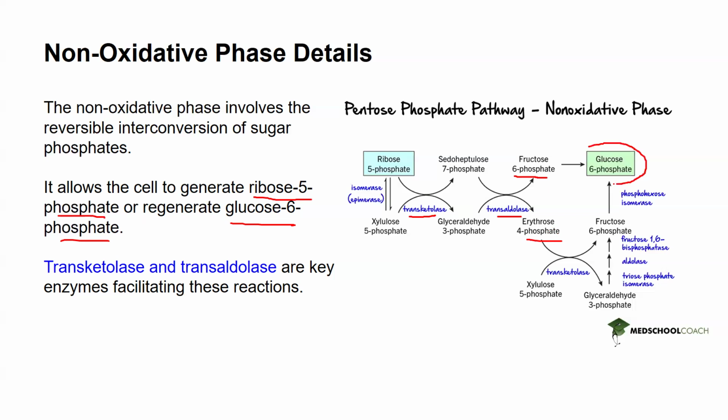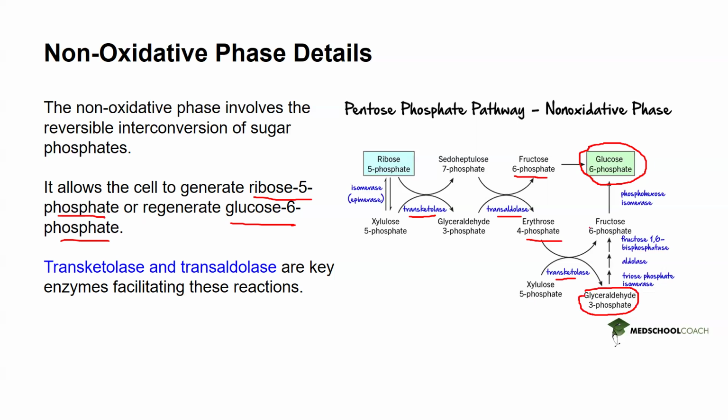And this glucose 6-phosphate can be used to continue the pentose phosphate pathway, or will be channeled for glycolysis or other important metabolic pathways. Then at the same time, the erythrose 4-phosphate will now condense with another molecule of xylulose 5-phosphate using the transketolase enzyme to produce another molecule of glyceraldehyde 3-phosphate and fructose 6-phosphate.